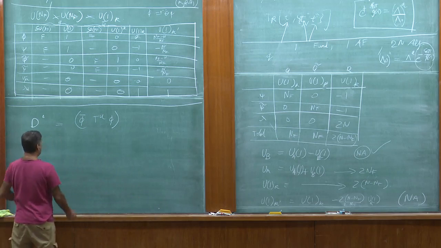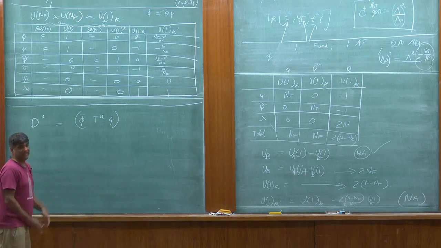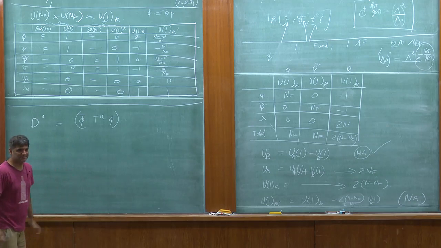Now, in our problem, how many chiral fields are there? There are the Q's and the Q tildes.